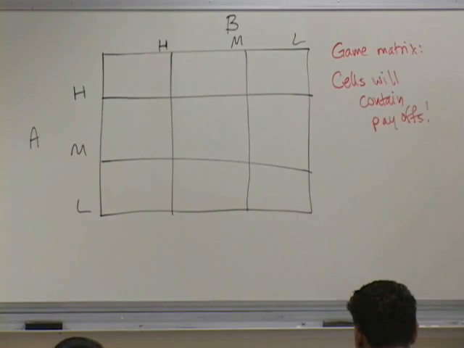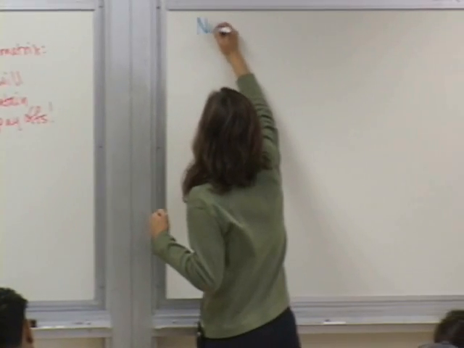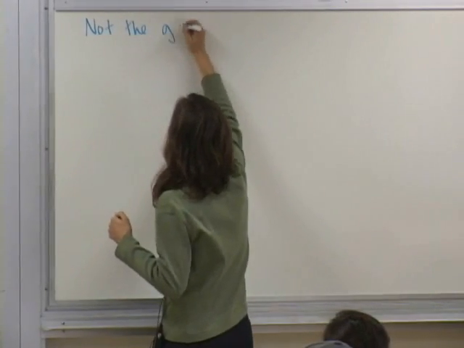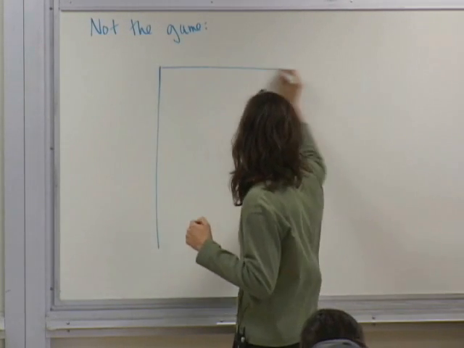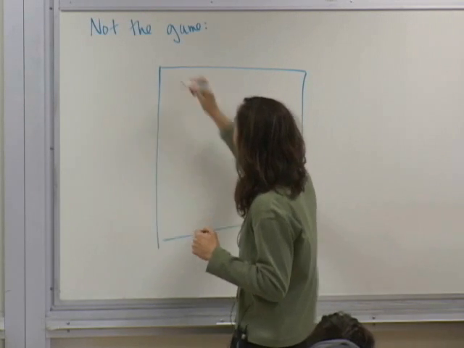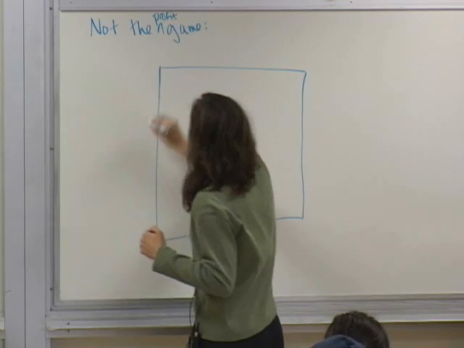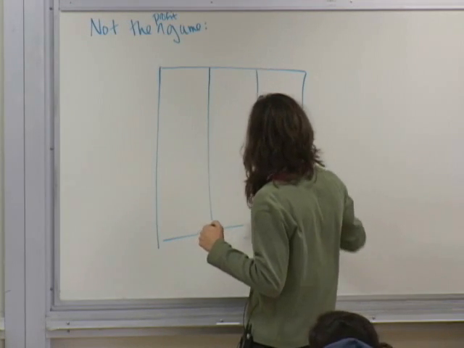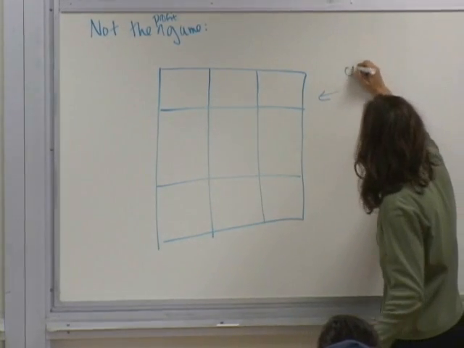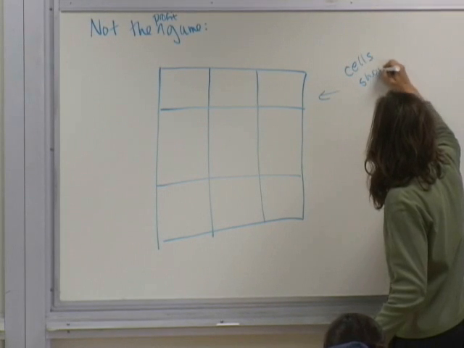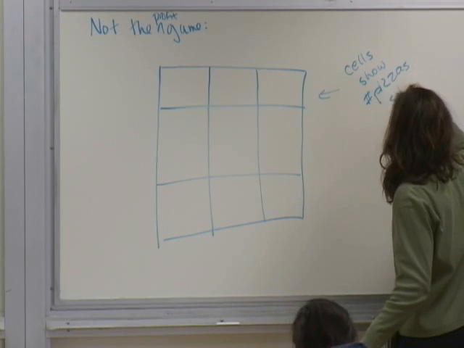And to do that, what I'm going to do over on this board in blue is not the game. Okay? Just a step, though. I'm going to do that same matrix, but not the profit game. And what I'm going to do here in the cells is not have the payoffs, but the cells show the number of pizzas sold.